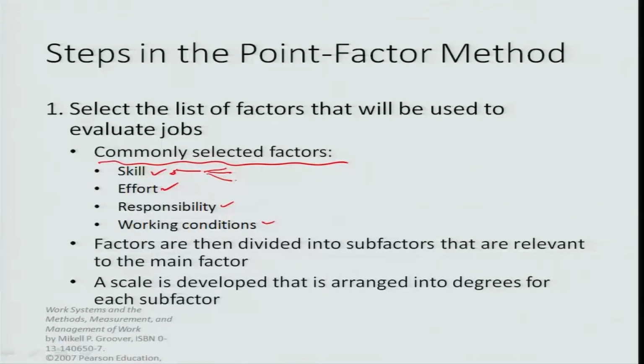For example, skill could be a factor containing several sub factors. Education could be a very important component of the overall skill. Experience of working in a certain job could be another, and similarly initiative and ingenuity can also be a very important part of the skill.